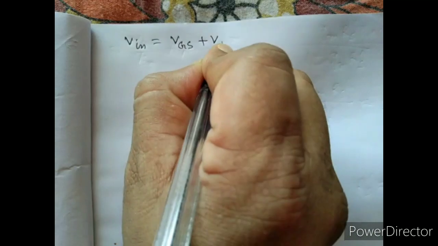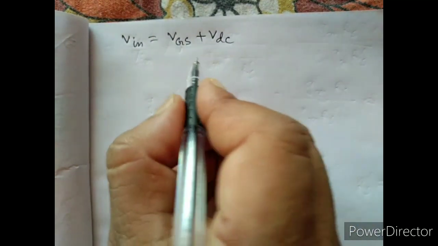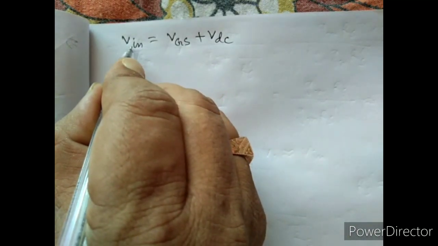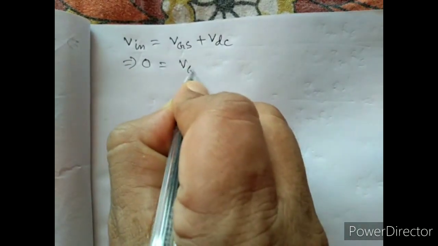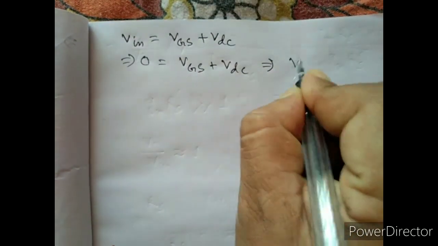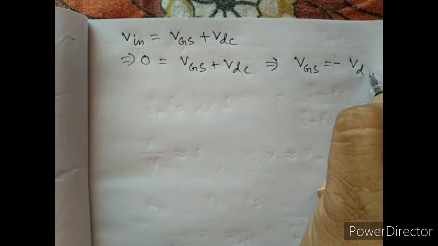So now we know Vin equals VGS plus VDC. Okay, now as Vin is 0, so 0 equals VGS plus VDC. So you can write VGS equals minus VDC.